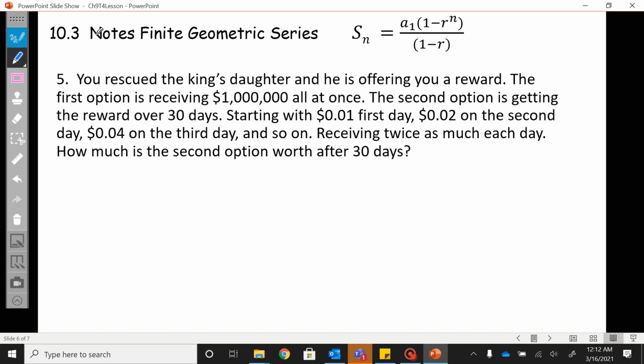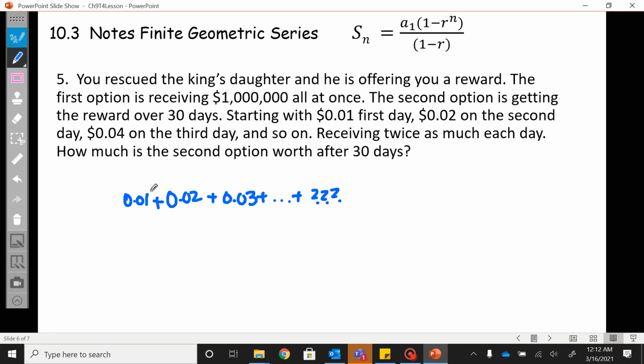How much is the second option worth after 30 days? The second option looks something like this: 1 cent plus 2 cents on the second day, plus 4 cents on the third day, all the way until the last day. Luckily, we don't need to know how much they're getting on the last day to use the formula.